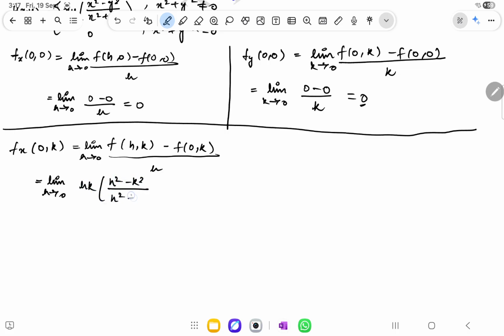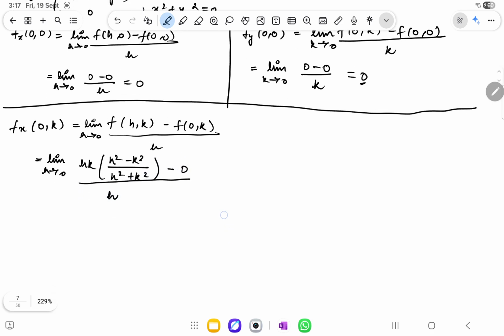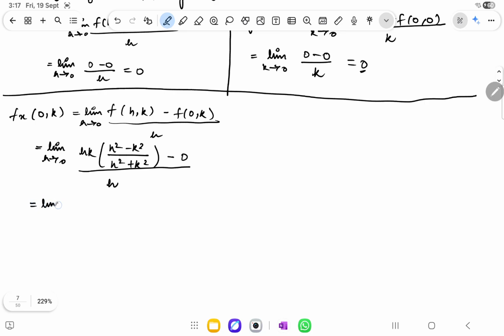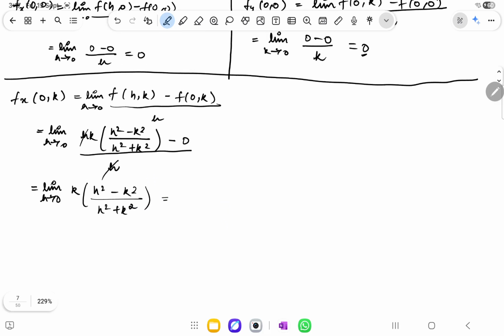This h balances this, so we are left with k(h² − k²) divided by (h² + k²). If we take h approaches 0, we get this limit as −k.